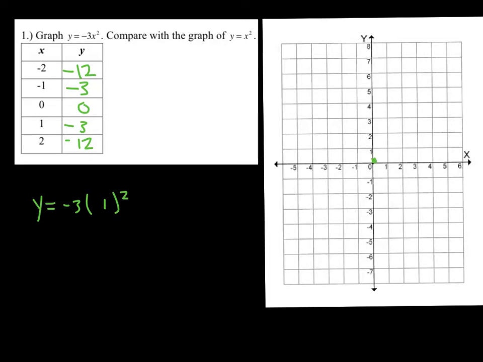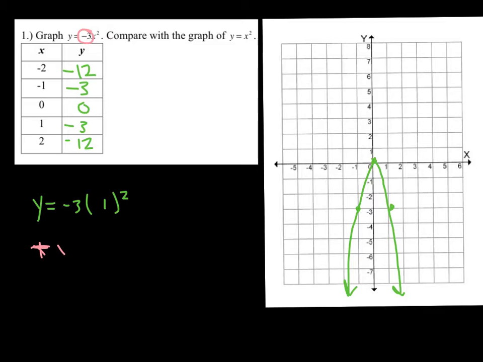So 0, 0, 1, negative 3, negative 1, negative 3. And then we can't really plot 12, so I'm just going to draw it like so. So what has happened from the parent function to this function now by multiplying it by this negative 3? So I'm just going to put some bullet points here.